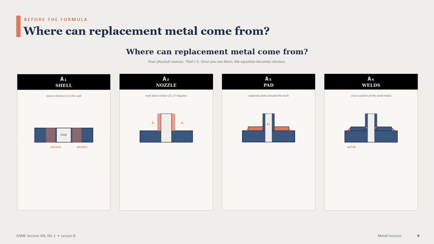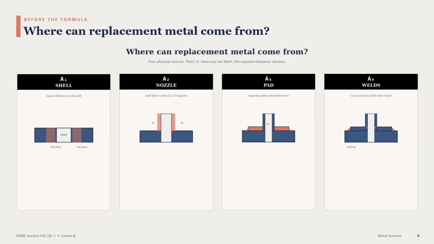And fourth, the welds themselves. The fillet welds joining nozzle, pad, and shell have their own cross sectional area. Small, typically a fraction of a square inch, but real. And when your margin is tight, you will count them.